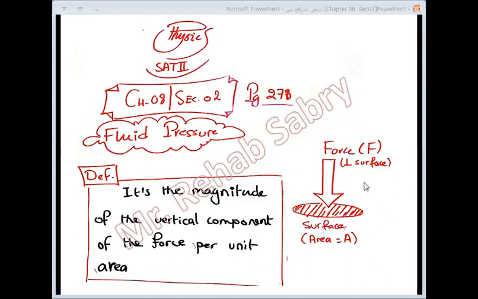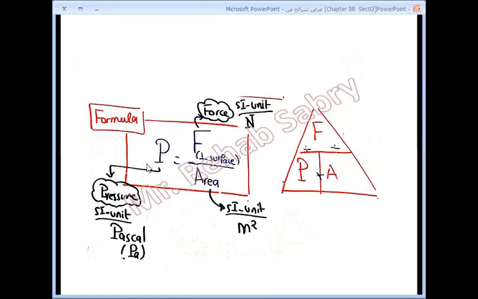Pascal is equivalent to Newton per meter squared. أهي لأن احنا قلنا pressure equal force divided by area. Force is in Newton. Area is measured in meters squared. So Newton per meter squared is equivalent to Pascal.